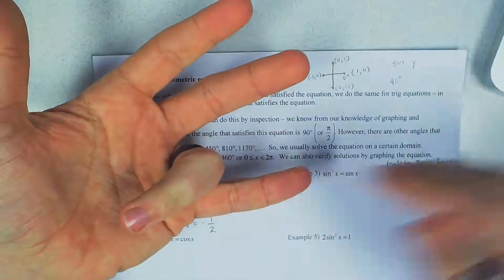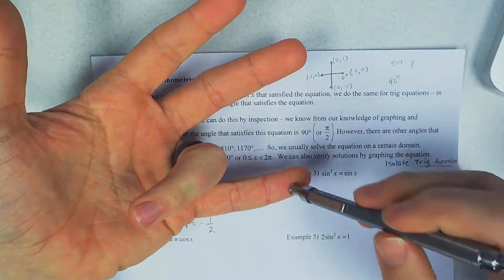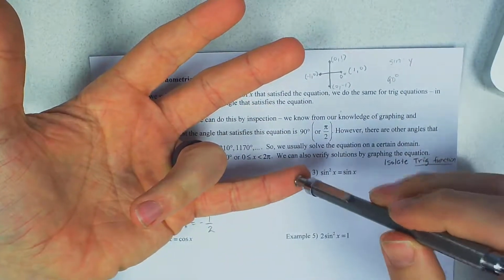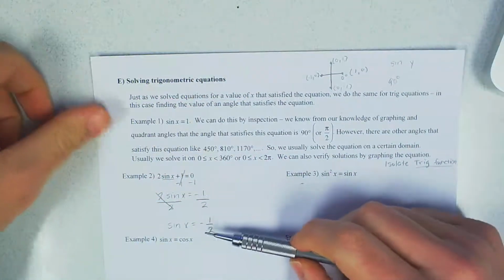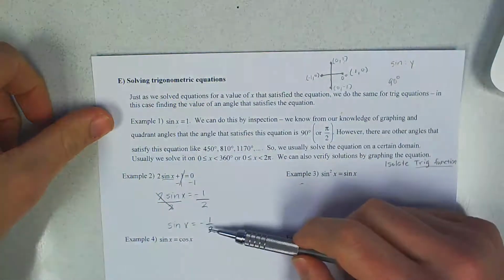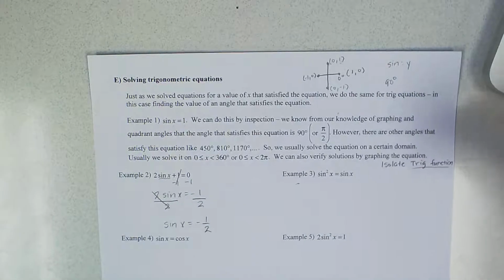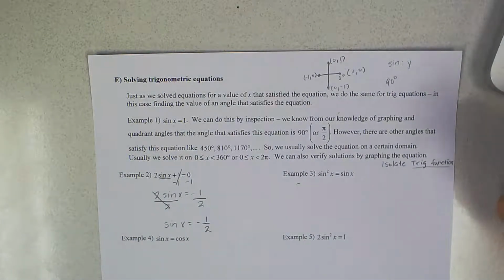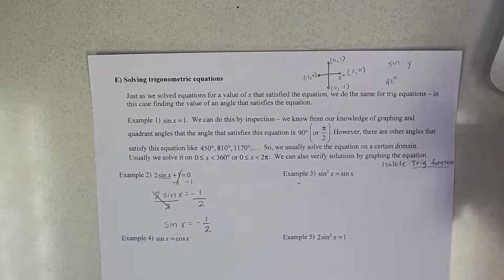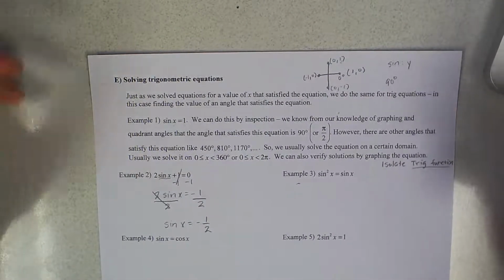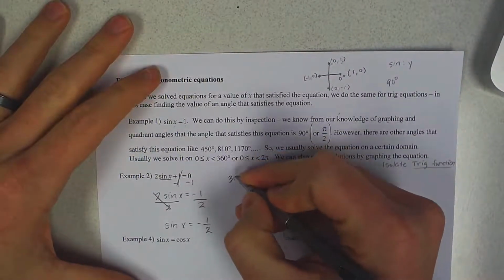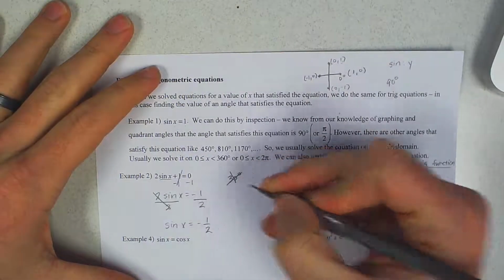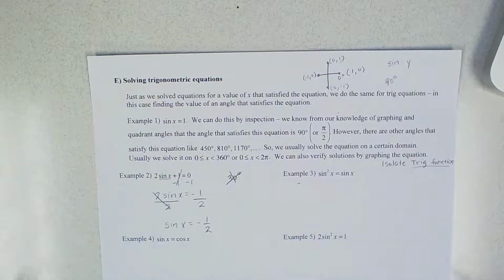If you pull in 30 degrees, the y is 1 over 2. But here, it's going to be -1/2. So 30 degrees will not work. You know it's not going to be 30 because it's not negative there, it's positive.